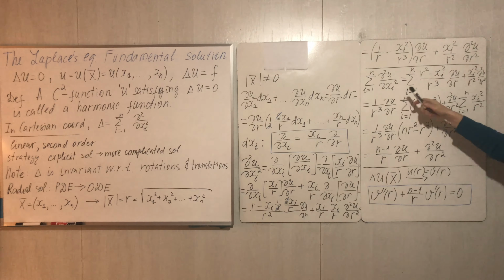For v of r we have this equation. Again, in deriving this equation, we assume that we are not at the origin: r is not equal to 0.